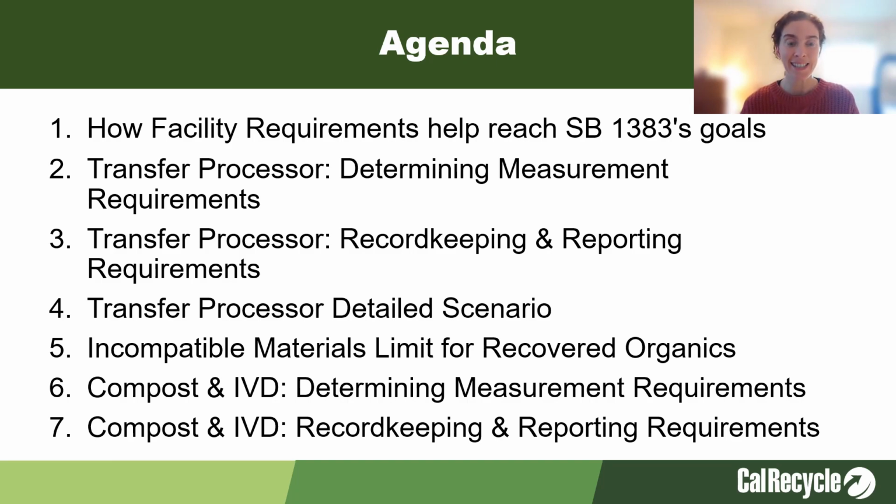And then in part 6 and 7, we're getting into compost and in-vessel digesters. So part 6 will be a review of the new requirements for compost and in-vessel digestion operations and facilities, and what material must be measured at those facilities. And in part 7, we'll end with a review of the new requirements for record keeping and reporting for compost and in-vessel digestion.